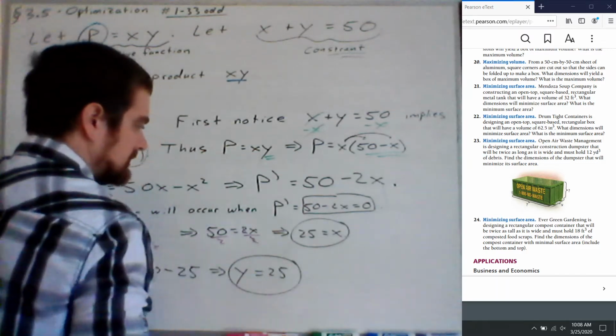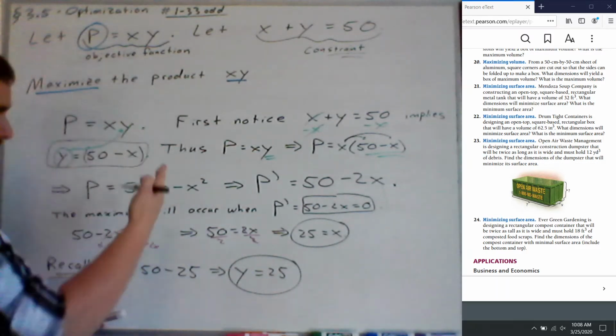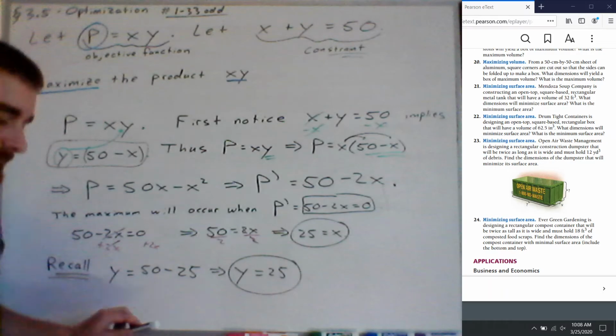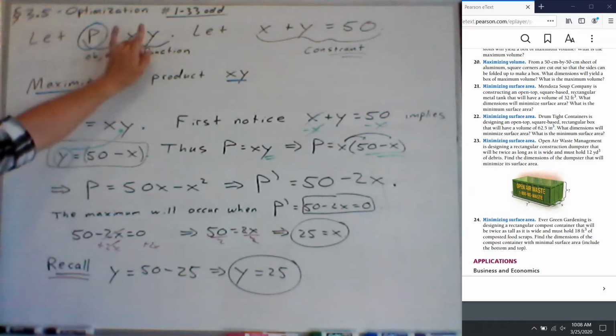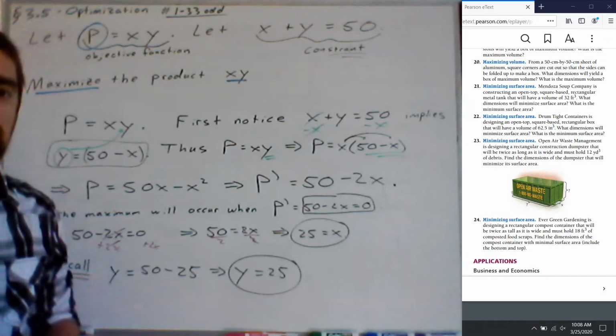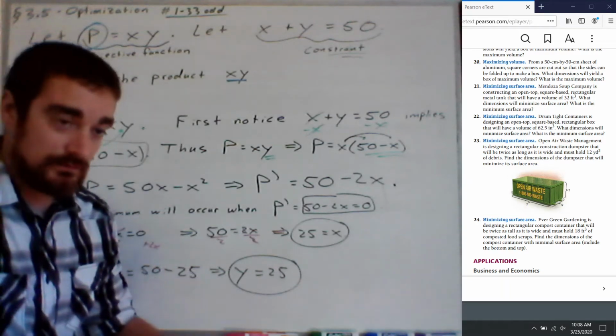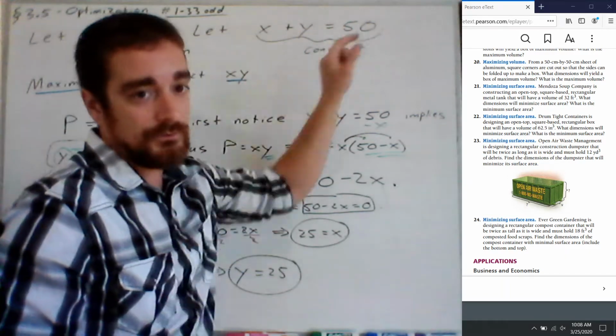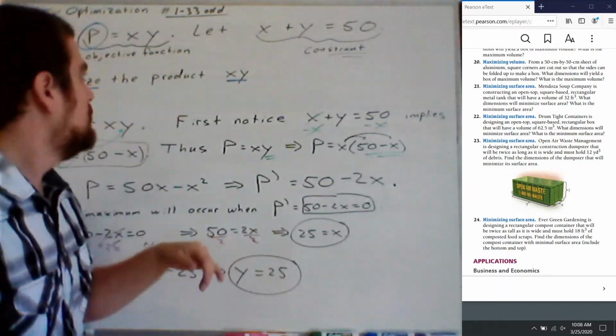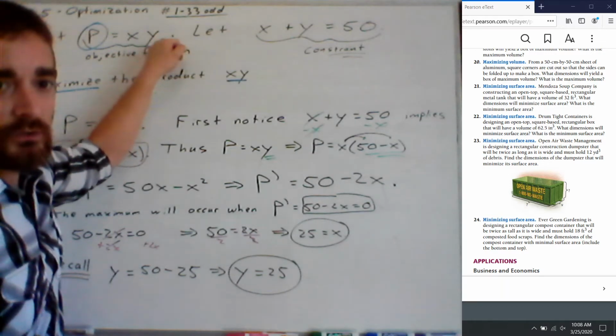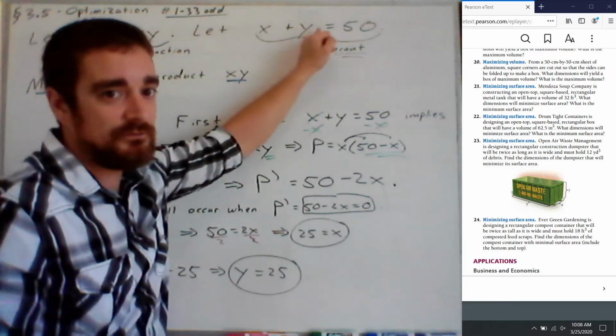And this should make sense. When we want to maximize a product, we square it. That's exactly what we're doing. 25 squared is the largest value we can get such that when we add those two numbers, we also get 50. And you might think, well, I can multiply 50 by 50 and get a larger number. Yeah, but 50 plus 50 is not 50.